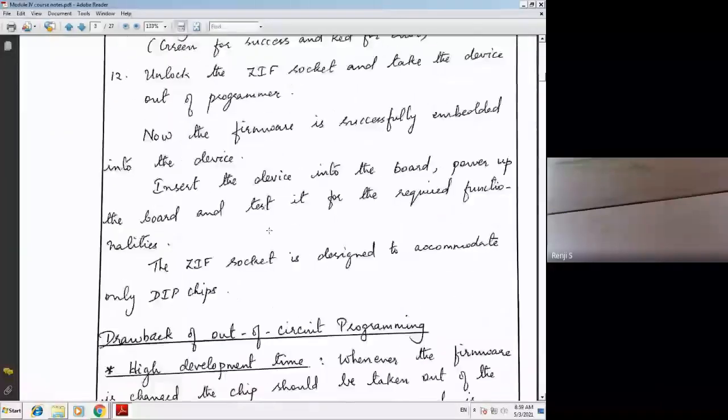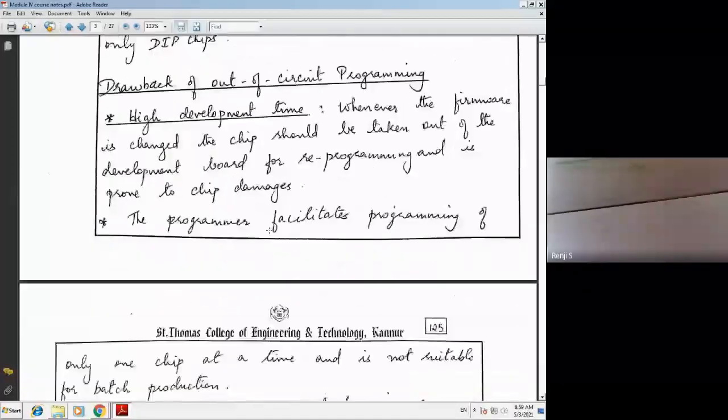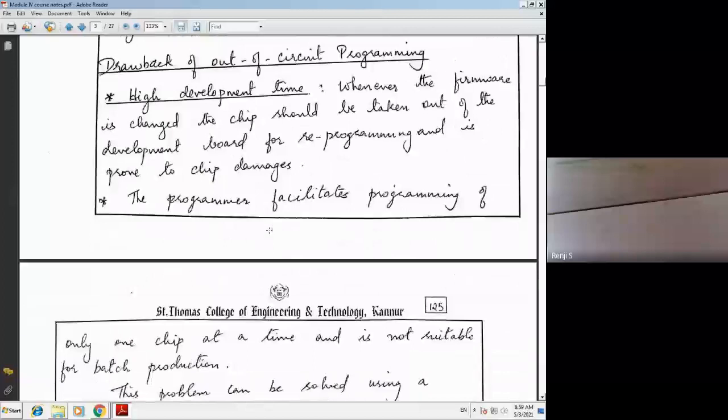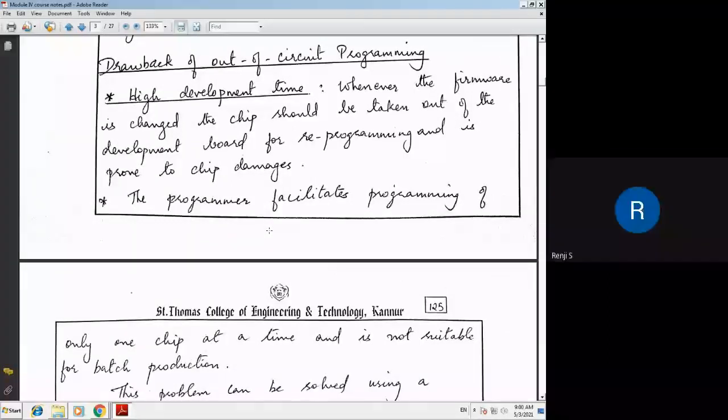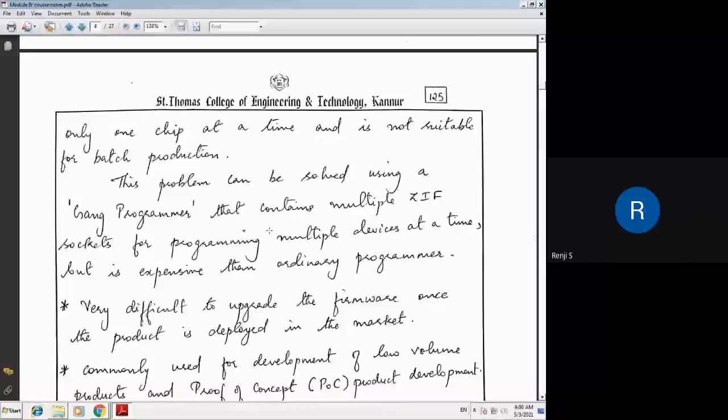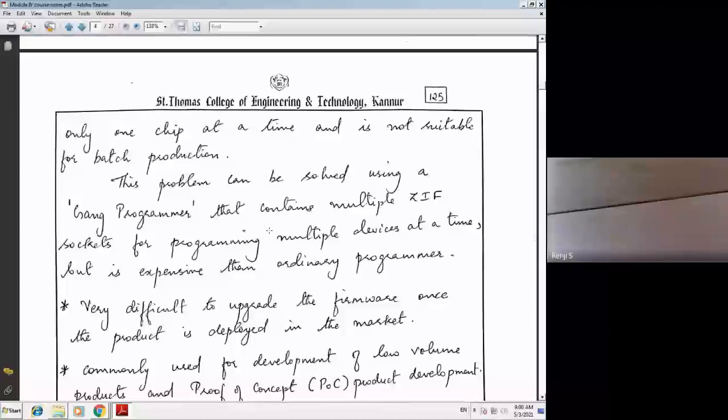That is the first method, and we discussed the drawbacks also. The first drawback is that it results in high development time, because you are always removing the chip from the target, and after programming it is put back to the target board, and if you want any changes the process needs to be repeated.